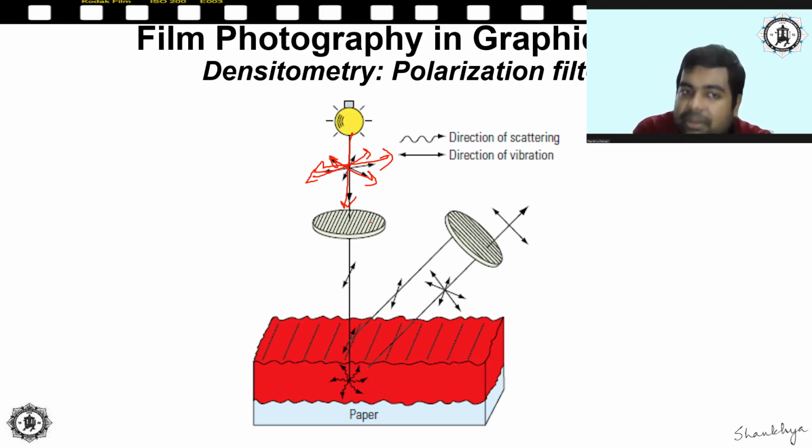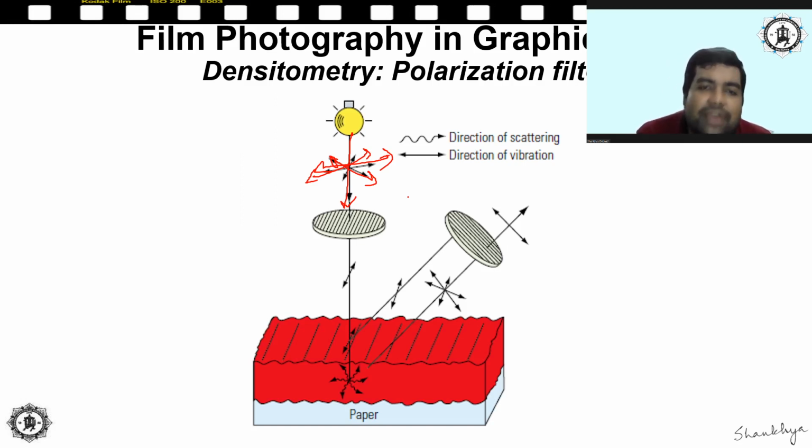Now see what is happening over here. What is going to happen if we measure the optical density of a wet ink film? When the ink film is wet, that means on a freshly printed sheet of paper, think about it.